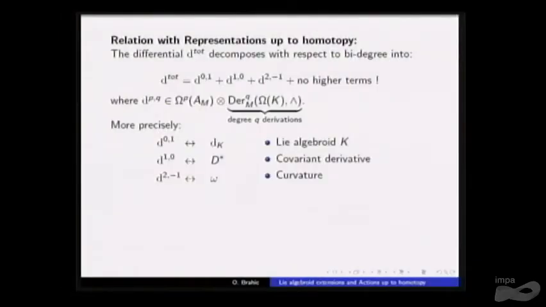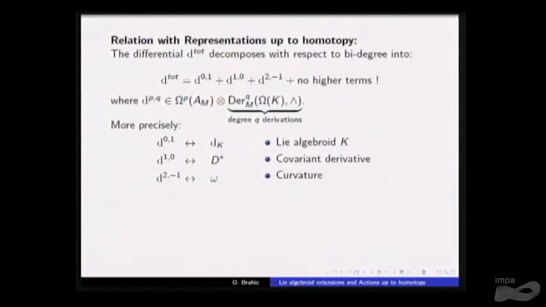So when you look at the total differential, it decomposes in various degrees. The first of them, which augments the degree in the kernel only, is related to a differential on Omega(K), and it gives you the algebroid structure on the kernel. Whenever you take an extension, the kernel is a subalgebroid. So essentially, the first term gives you the algebroid structure on the kernel.